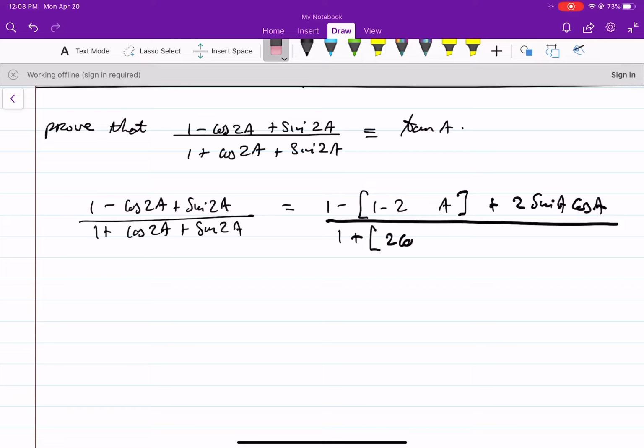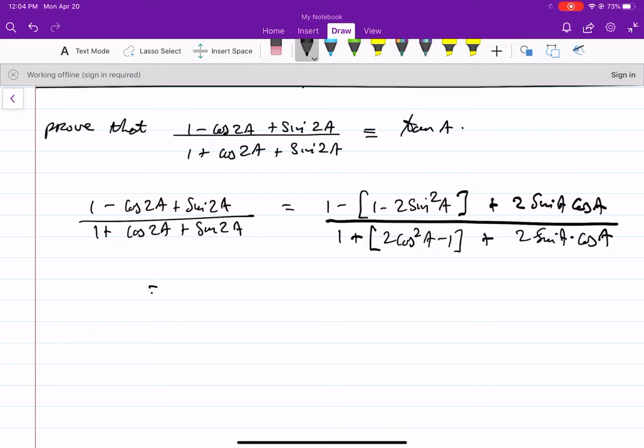This should be 1 minus 2 sine squared a. Yes. And on the bottom, I can use 2 cos squared a minus 1. There, like that. Of course, for sine 2a, I still have only one thing I can use, which is 2 sine A times cos A.